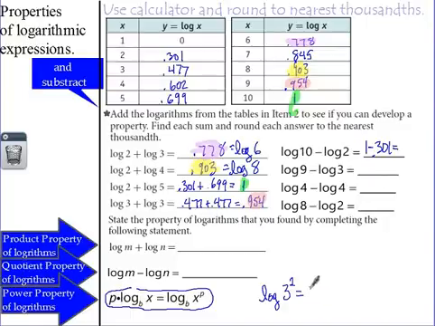So in fact, I can take that 2, write it out in front of the logarithm, and multiply that by the log of 3.